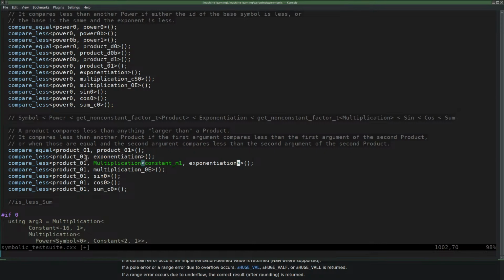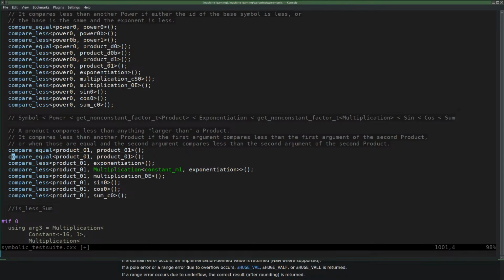So I guess it should compare equal. I didn't do that up here, right? Actually, I did. Product, constant times, there must be a product. In this case, I'm going to do equal.